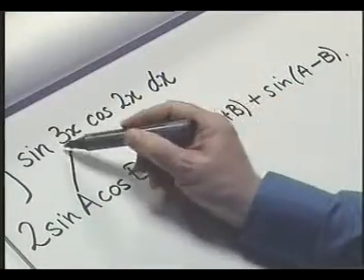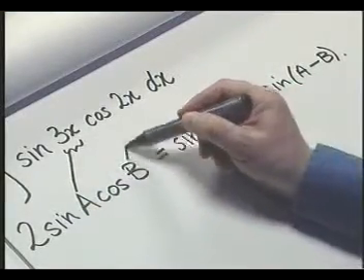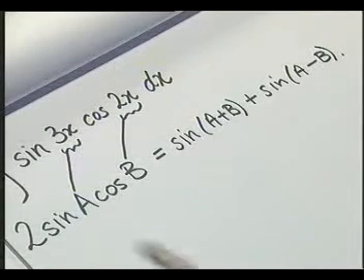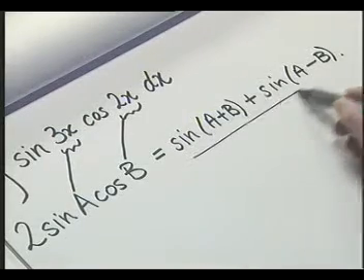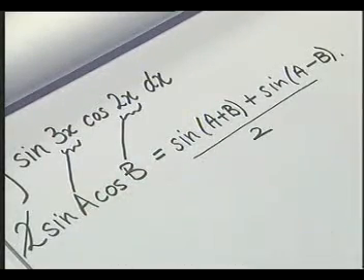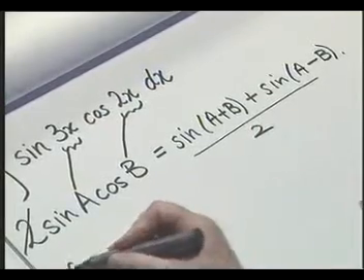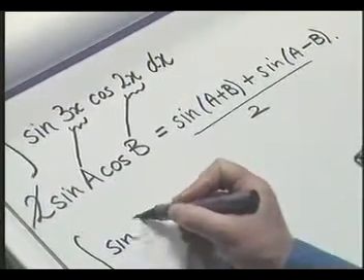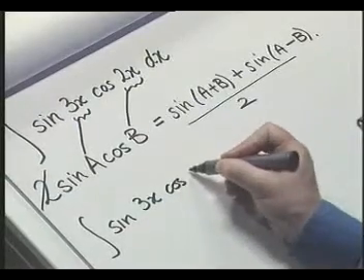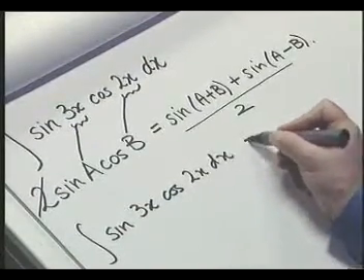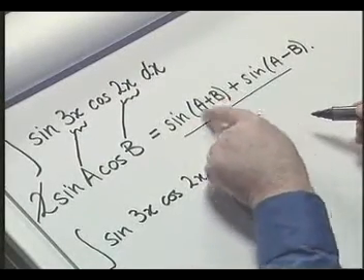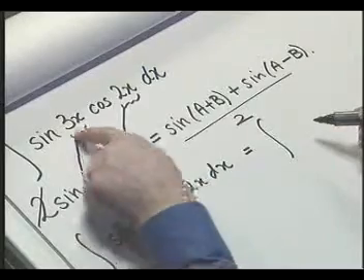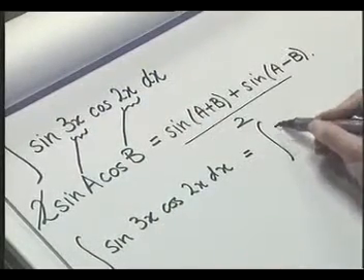We identify the A as 3x, the B as 2x. The factor of 2 here isn't a problem. We can divide everything through by 2, so we lose it from this side. So our integral, what will it become? Well, the integral of sine 3x cosine 2x dx will become the integral of the sine of the sum of A and B. Well, the sum of A and B will be 3x plus 2x, which is 5x.